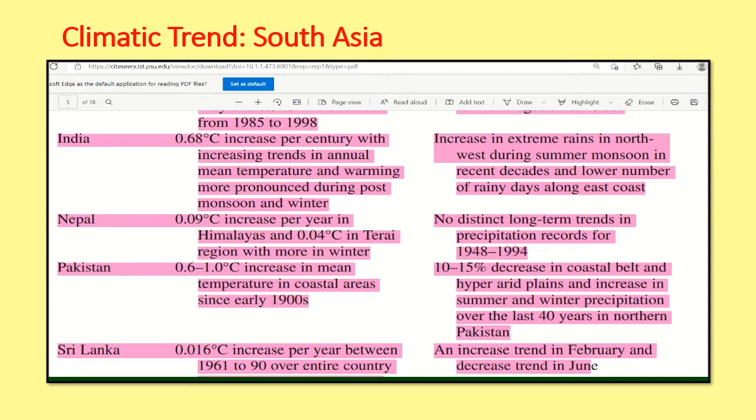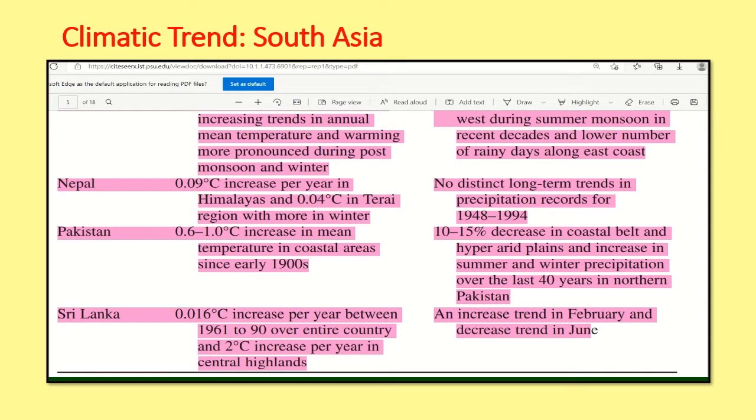In the case of Sri Lanka, there is a 0.01 degrees centigrade increase per year between 1961 to 1990. Also, there is an increasing trend of precipitation during February and a decreasing trend in precipitation in June.